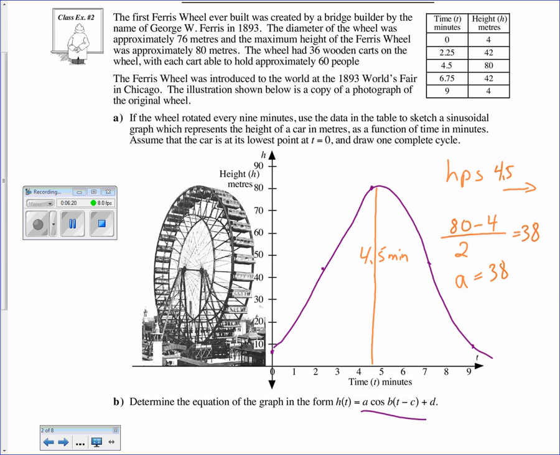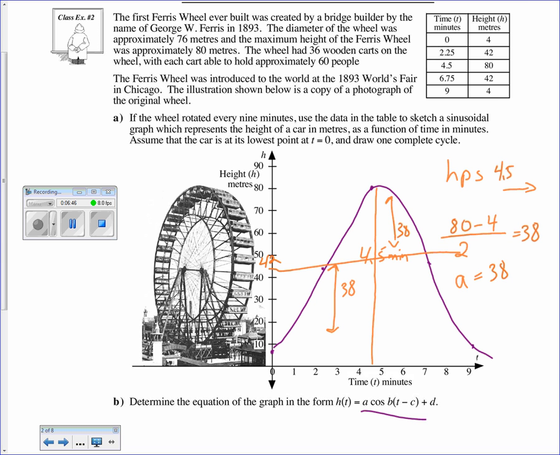So 80 minus 38 will be the location of that horizontal line that cuts the graph in half. So at 42, I've got an amplitude of 38 here and an amplitude of 38 there.